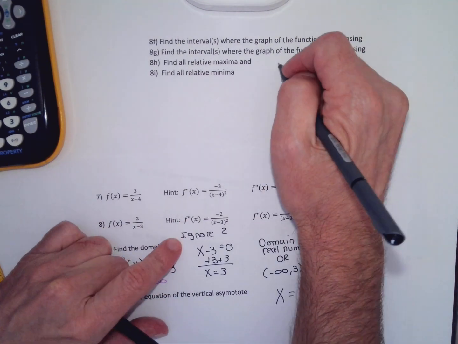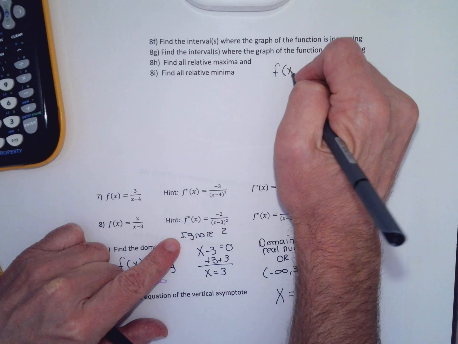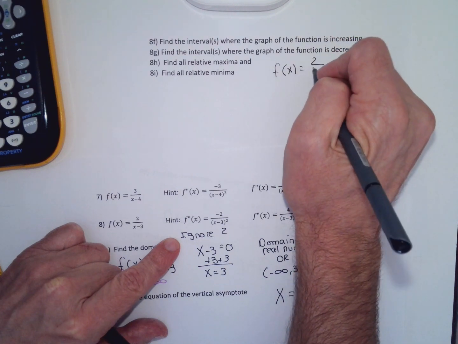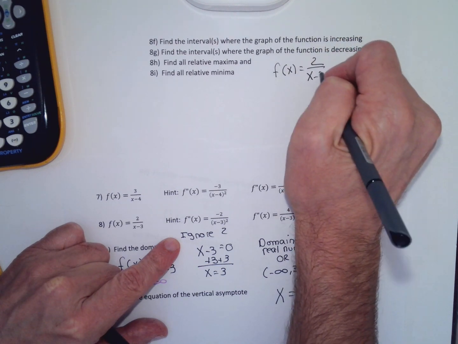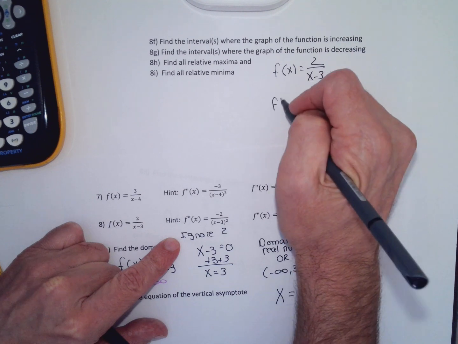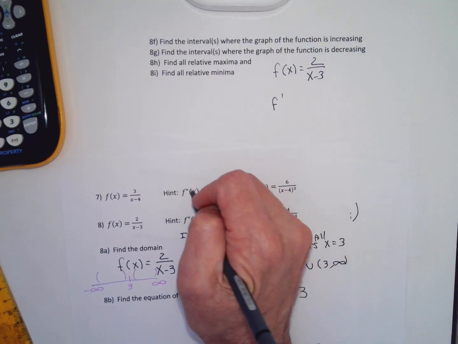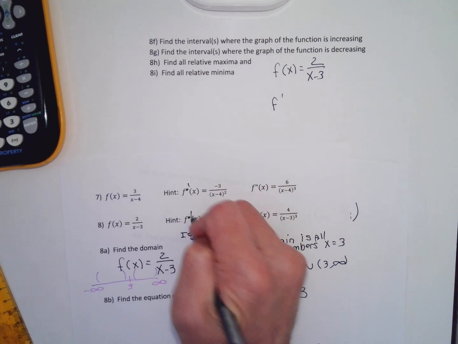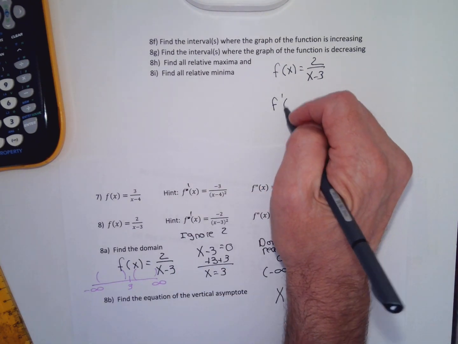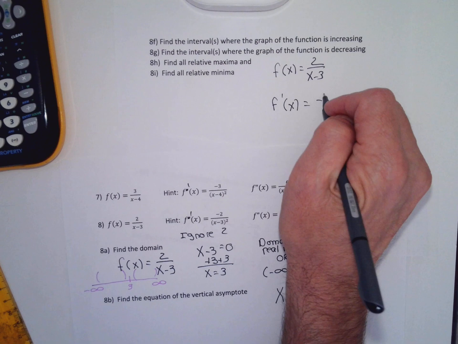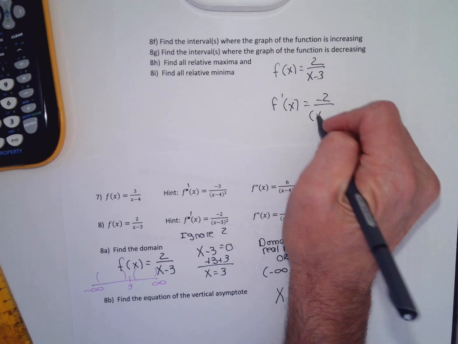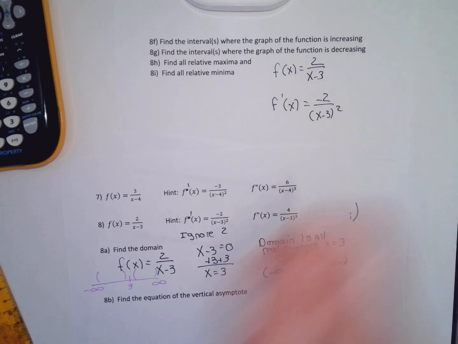The original function that we're working with is 2 over x minus 3. I'll give you the first derivative on the test. I think this should say first derivative and not second derivative. Let me fix that in a bit. The first derivative is negative 2 over x minus 3 squared.